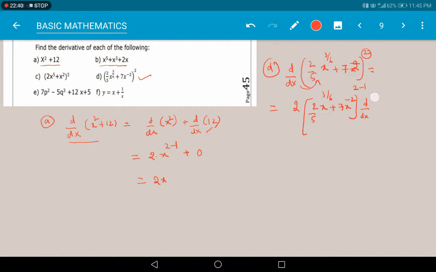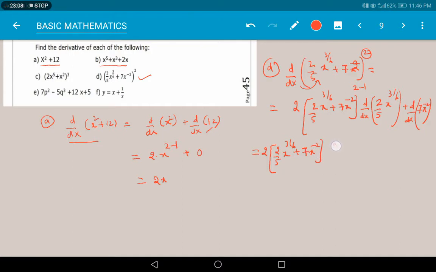D by dx of 2 by 5 x power of 3 by 6 plus d by dx of 7 x power minus 2. The first term as it is, no change in the first term, x to the power of 3 by 6 plus 7 x power minus 2, that is 1.